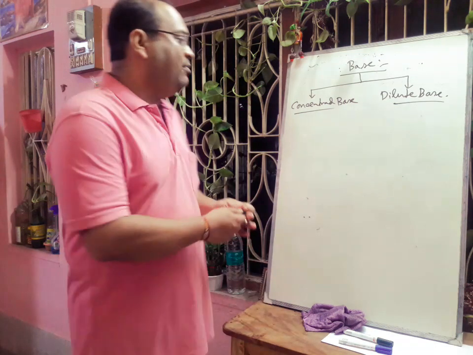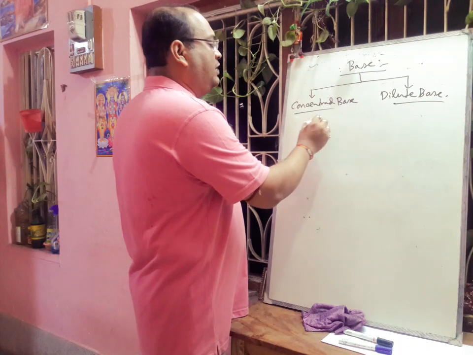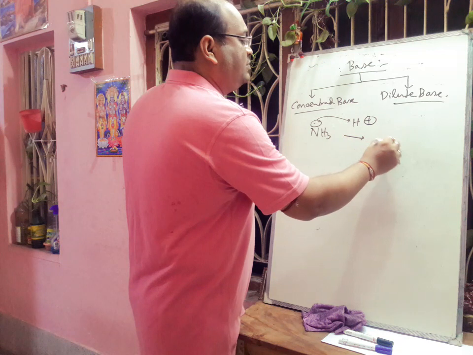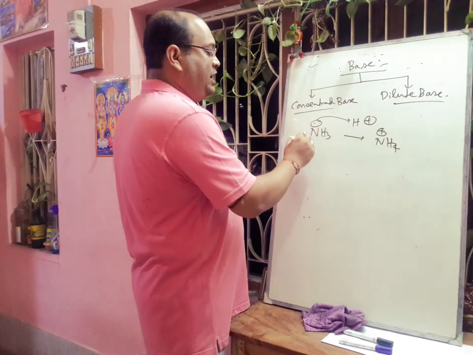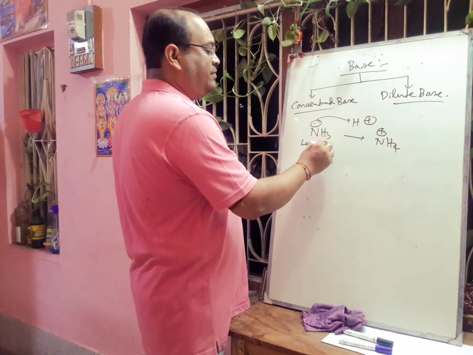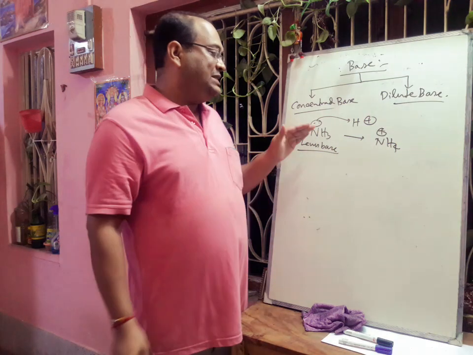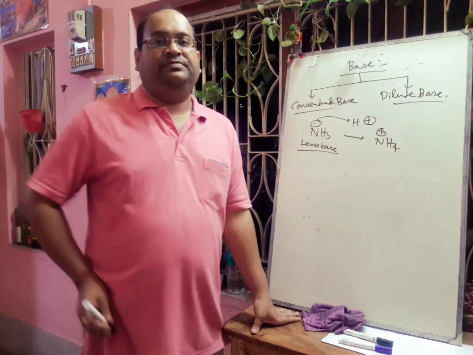We can think about ammonia. In case of ammonia, it can donate the lone pair to H plus, forming NH4 plus. That is why ammonia is called Lewis base. Actually, this is one electronic concept: bases are electron pair donors and acids are electron pair acceptors.